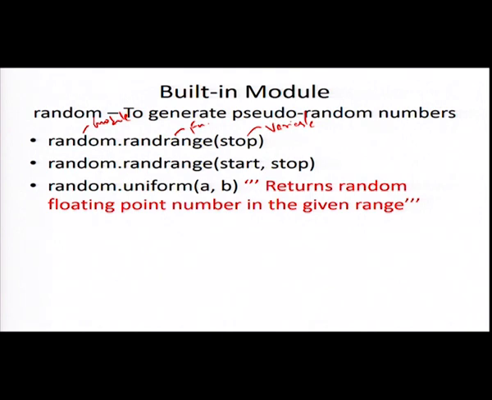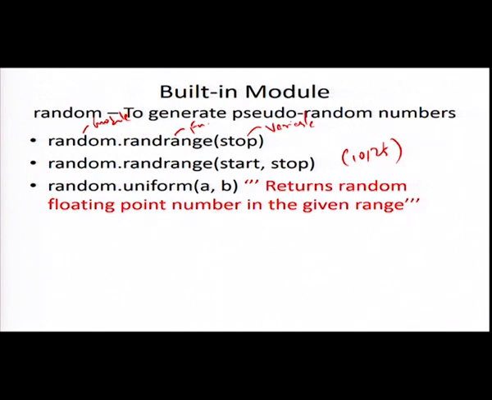Random dot randrange of start comma stop: if I give 10 comma 25 and press enter, you will get a random value between 10 and 25. Any value that the computer gives as output, that is random dot randrange of start comma stop.